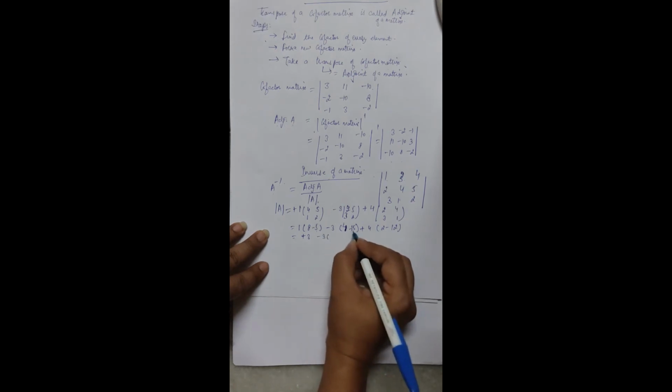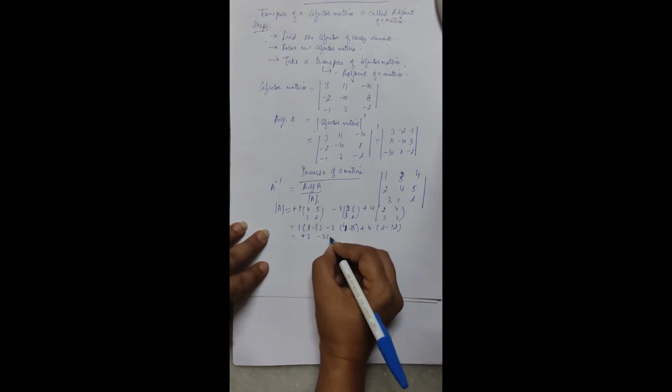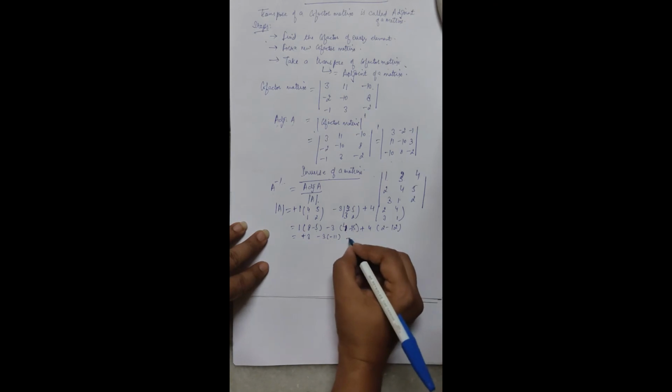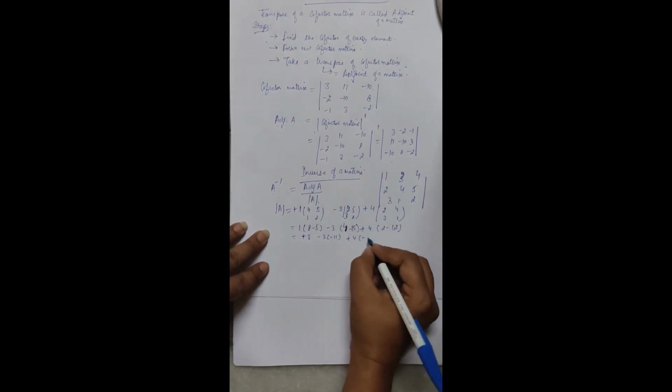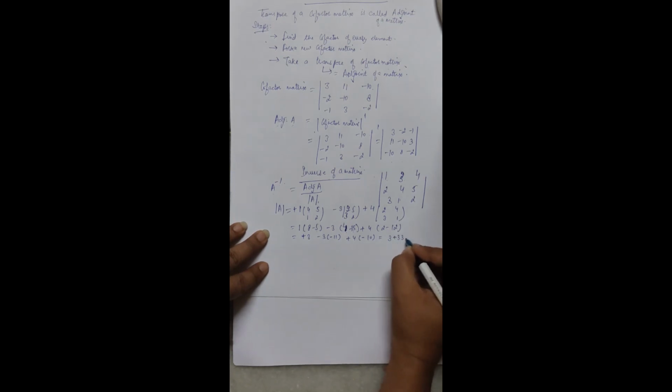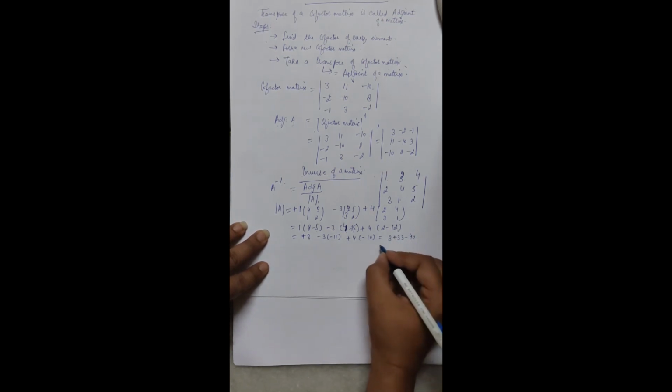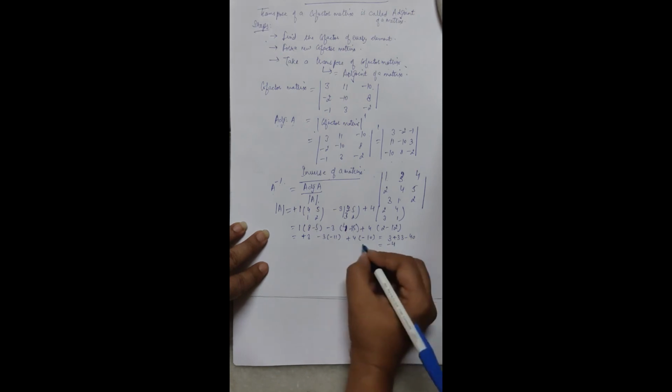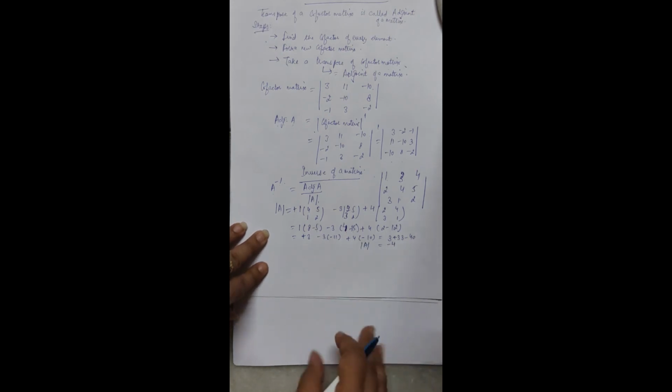Minus 3 into 4 minus 11, it comes to minus 11. Plus 4 into minus 10. So I will get 3 plus 33 minus 40. And the value of determinant is minus 4. So minus 4 is my value of determinant.